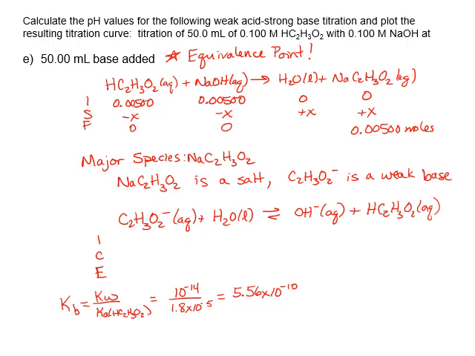So what is our initial concentration of acetate ion? Well, we made 0.005 moles of acetate, and our new total volume is 100 milliliters. We had the 50 milliliters that we started with and adding 50 milliliters of base.